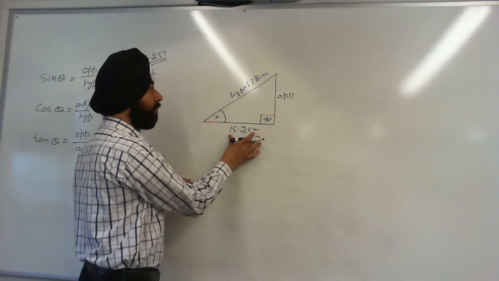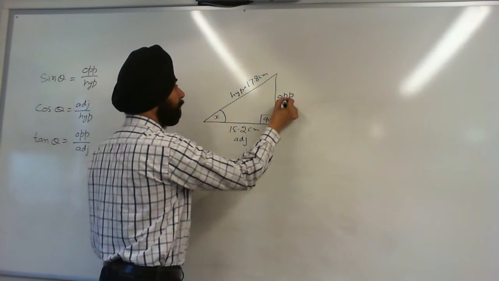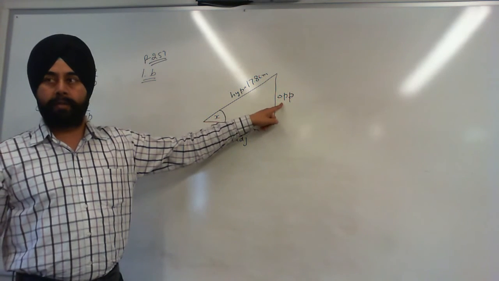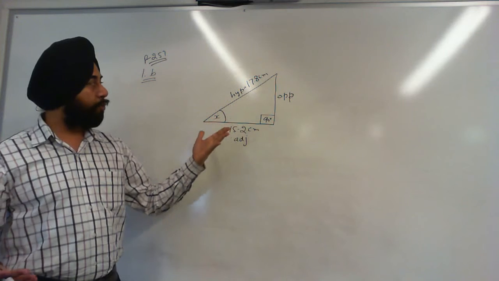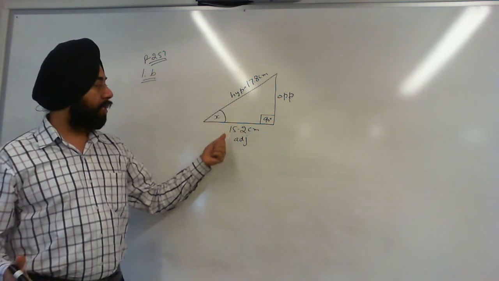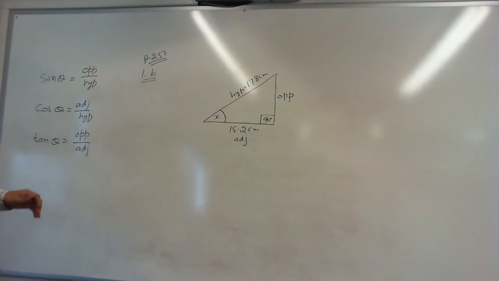And what is this side then? Adjacent. Yes, this is adjacent. Is opposite given? No, it's not given. So which 2 sides are known? Hypotenuse and adjacent.